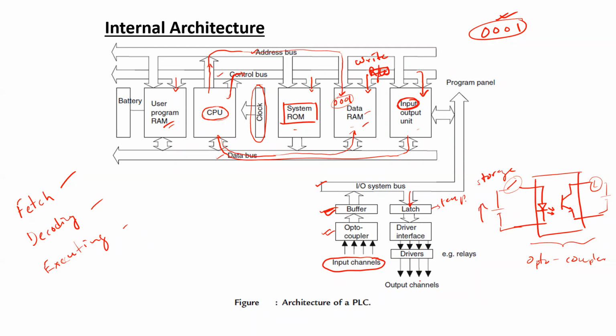So through the driver interfacing, the data is later transferred to the output ports to operate a particular output device. So this is basically the internal architecture of the PLC.